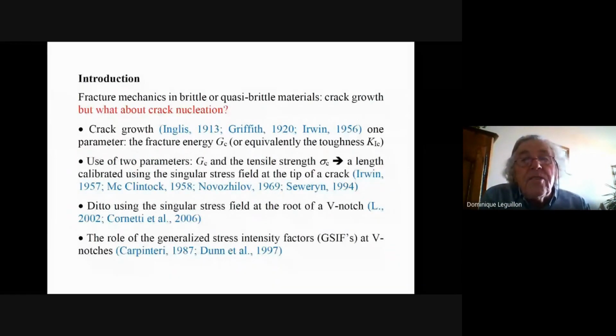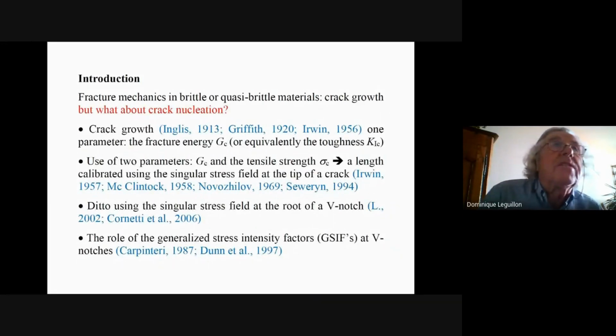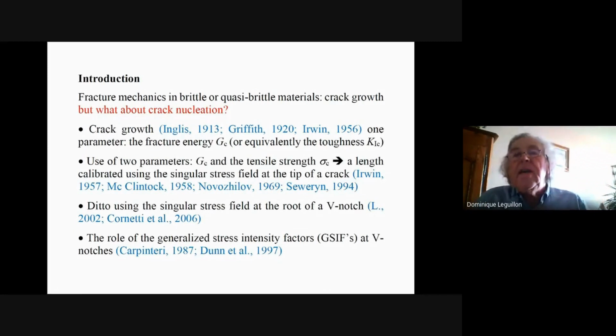Fracture mechanics in brittle or quasi-brittle materials deals with crack growth, okay? And here we are interested in crack nucleation. And of course, we are interested in brittle or quasi-brittle materials, and everybody knows that if we try to use Griffith's criterion to predict the nucleation of a new crack, it's not possible.